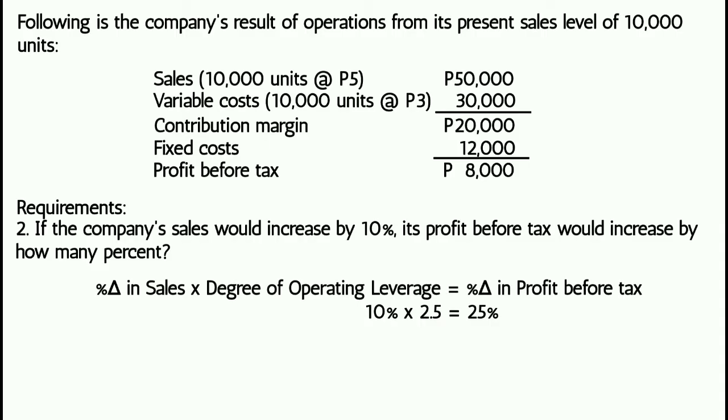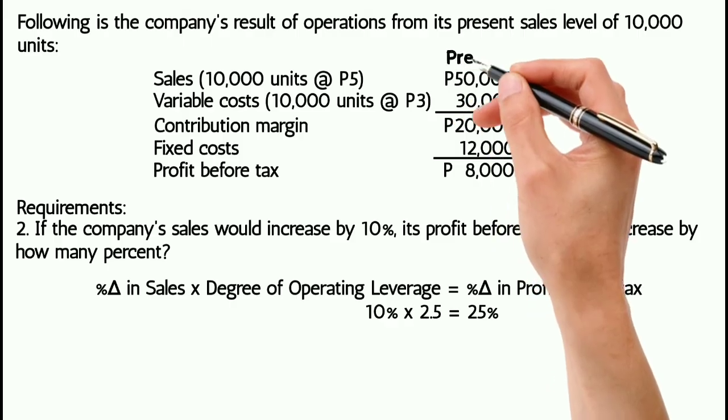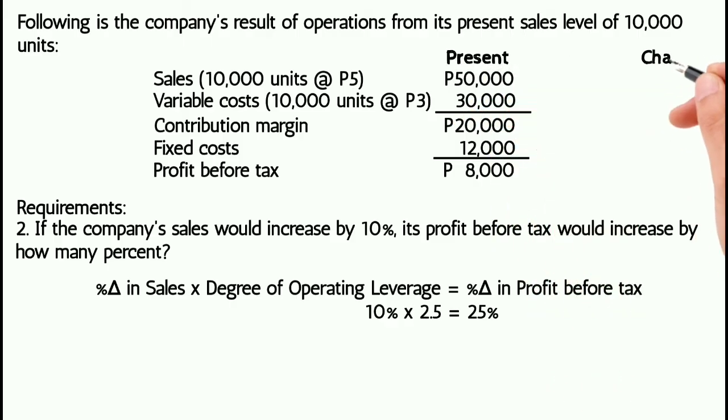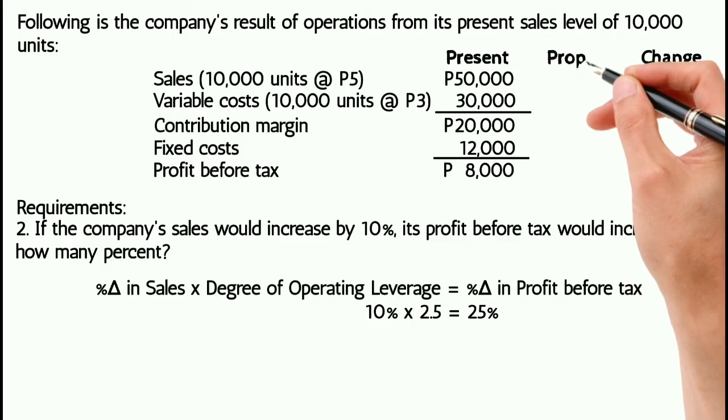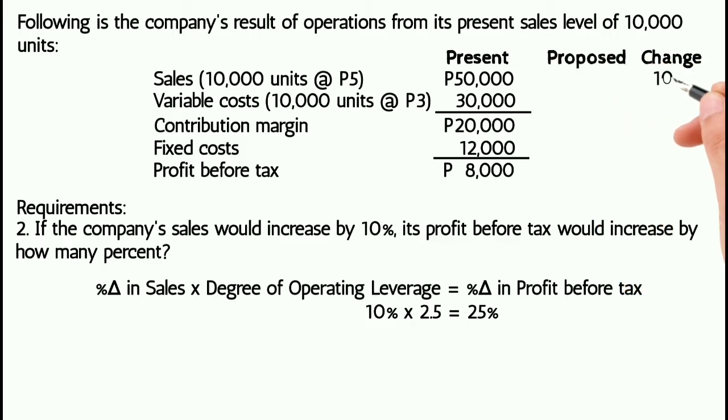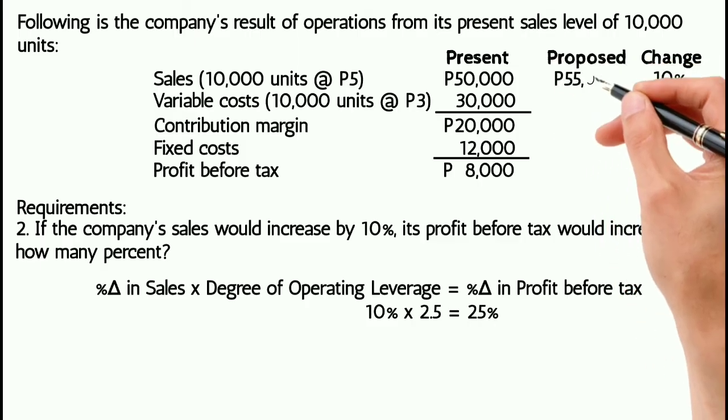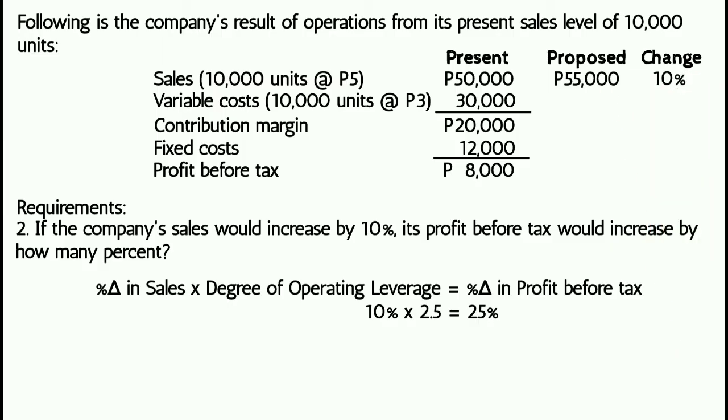I-check nga natin kung tama yung 25%. Ang present sales ay 50,000 pesos. Kung mag-i-increase yan by 10%, magiging 55,000 pesos. That is 50,000 pesos times 110%, that is equal to 55,000 pesos.